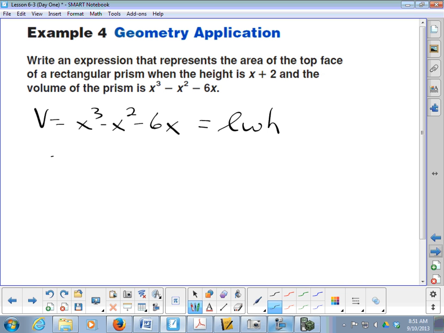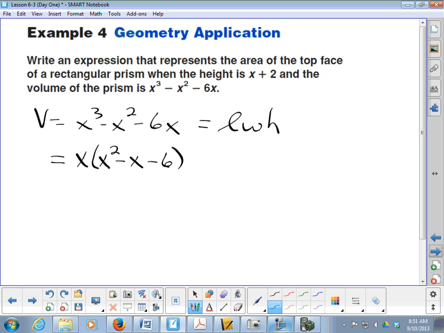All right. So, if we look at this, they have something in common, don't they? They have an x in common, so I can take that out. So it says, write an expression that represents the area of the top face of a rectangular prism when the height is x plus 2.